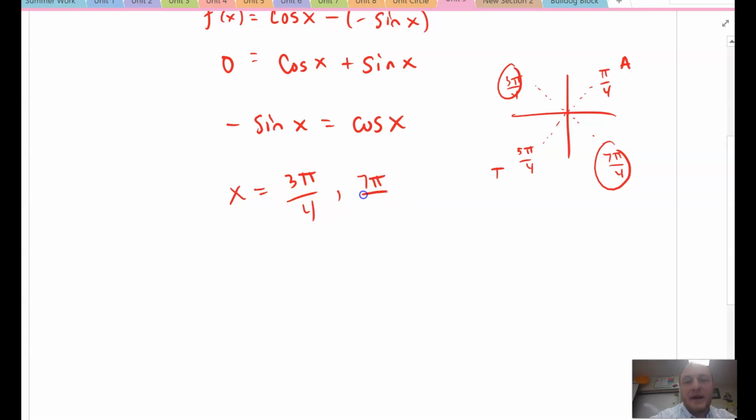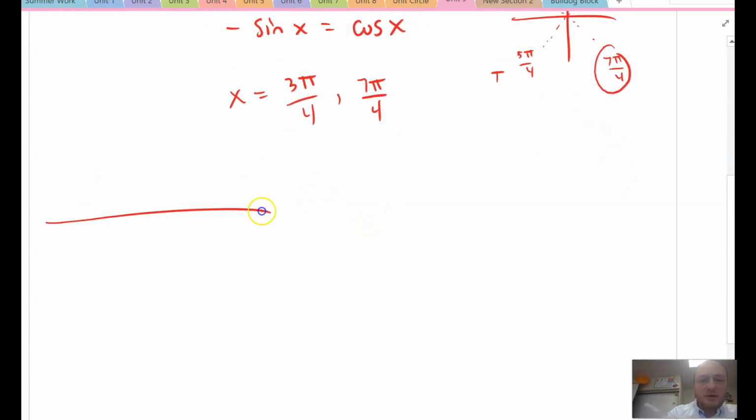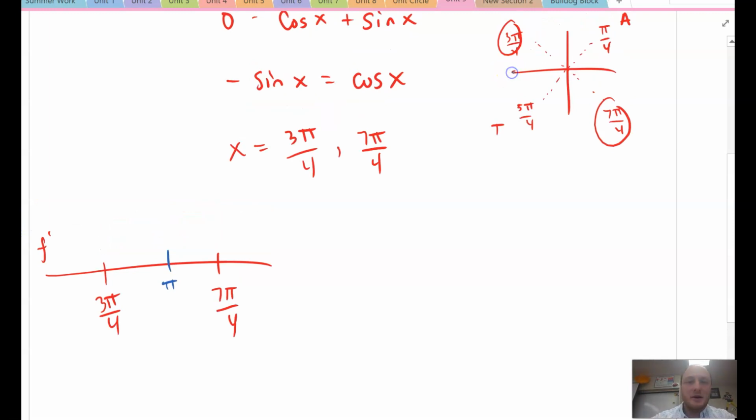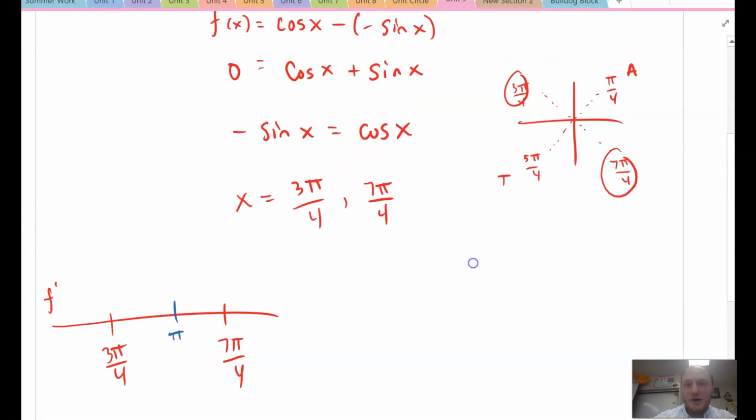So I have extrema here, which means mins or maxes. Now, which type? I'm going to draw an f prime number line. Here is 3 pi over 4, 7 pi over 4. I'm just going to test a value. Pi happens to be right in between there. So I'll plug in pi here.